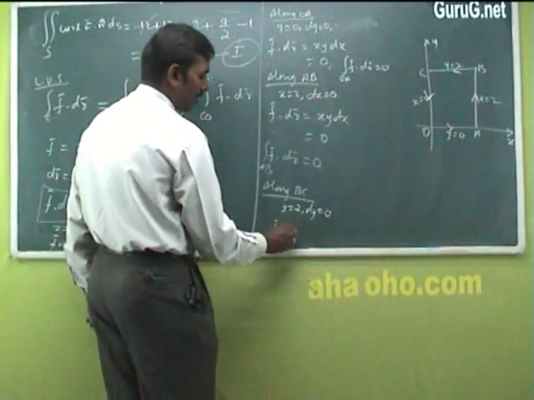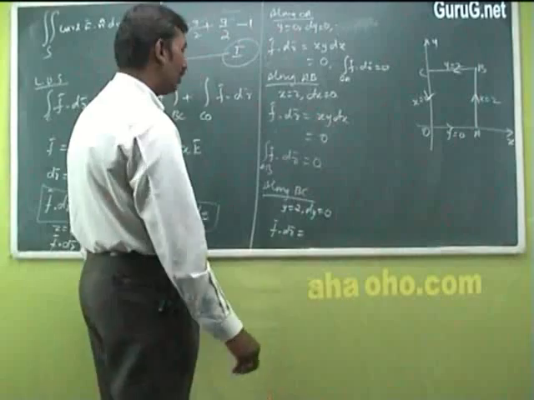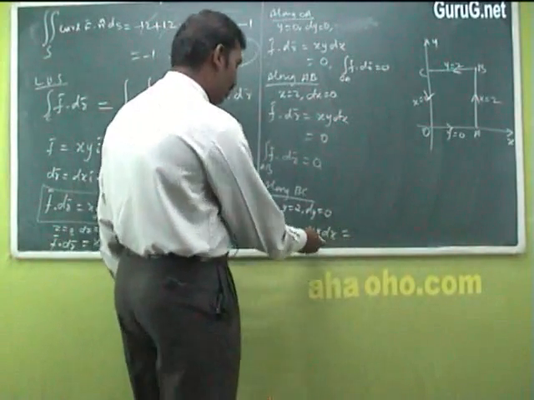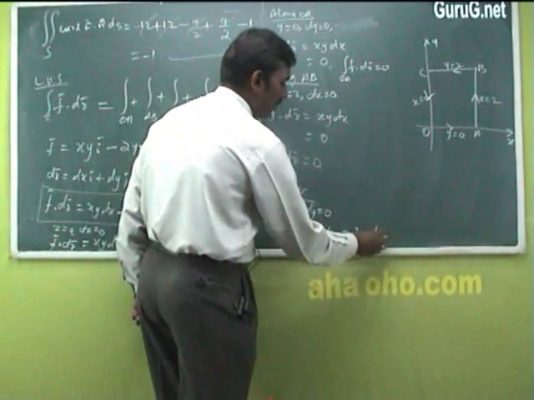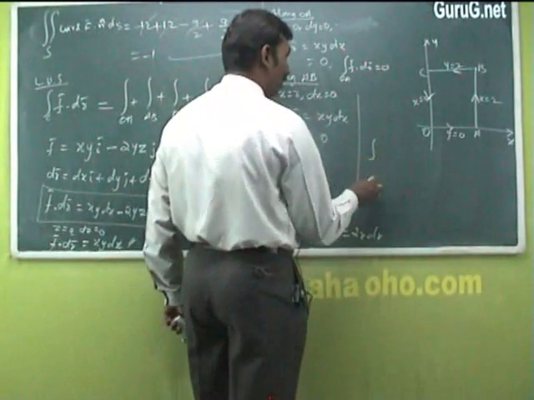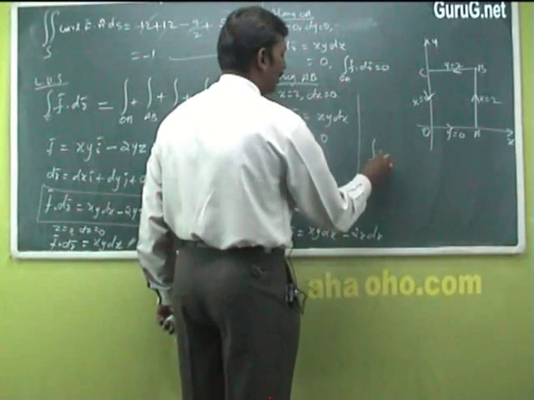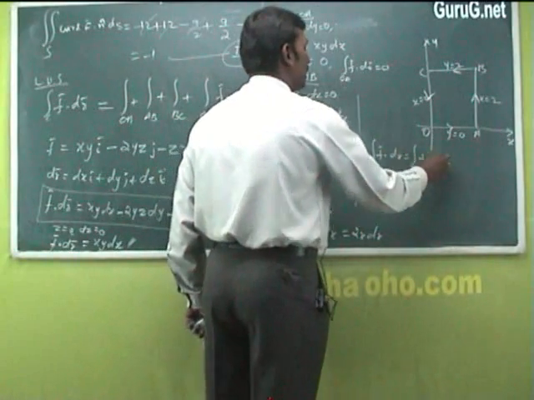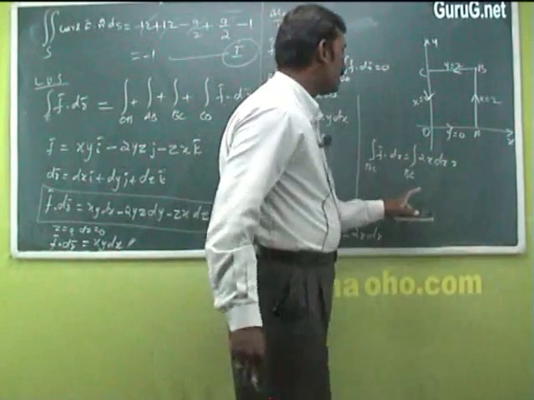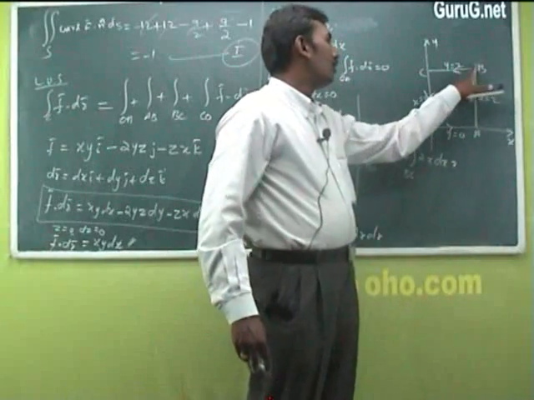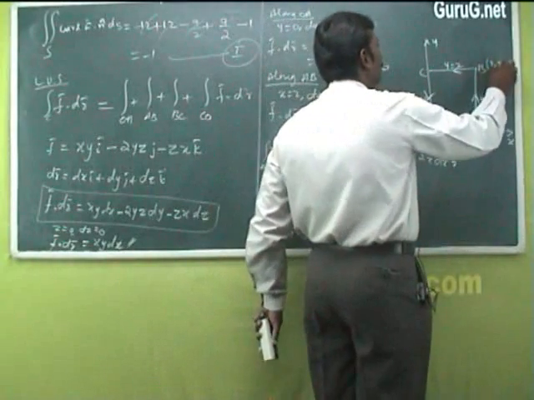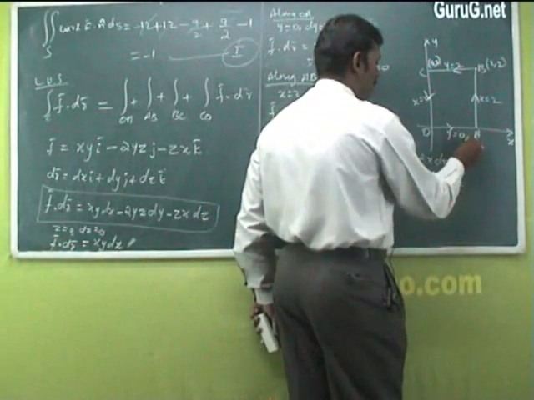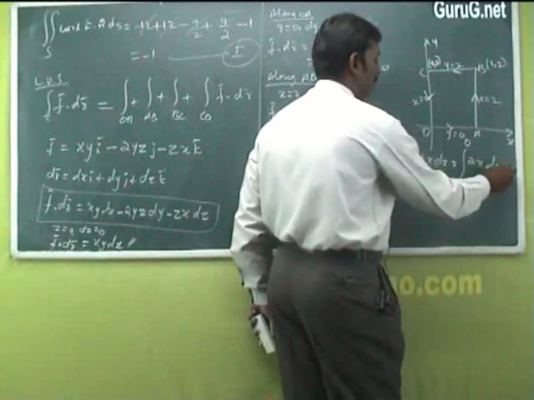So f dot dr equal to xy dx, so 2x dx. Therefore integral over BC f dot dr equal to integral over BC 2x dx. The line BC, what is x varies from? So this point is 2, 2. So 2 to 0, integral 2 to 0 of 2x dx.